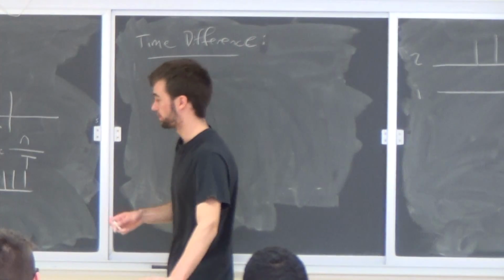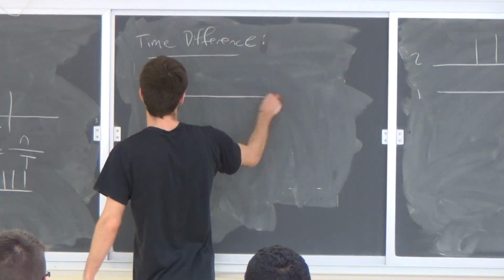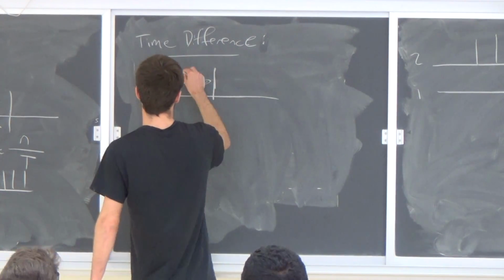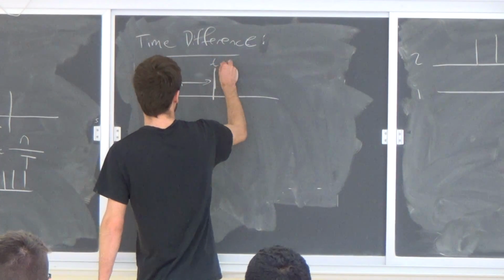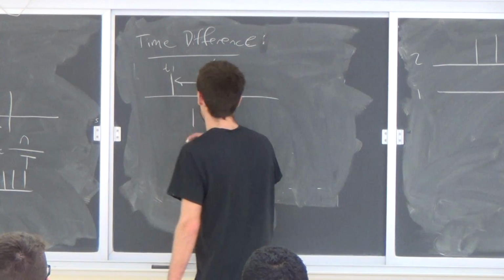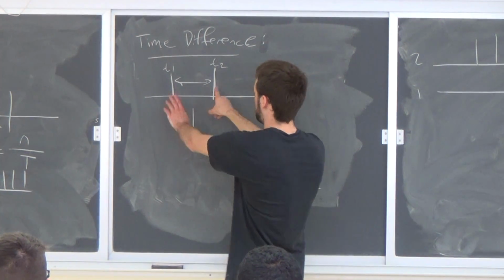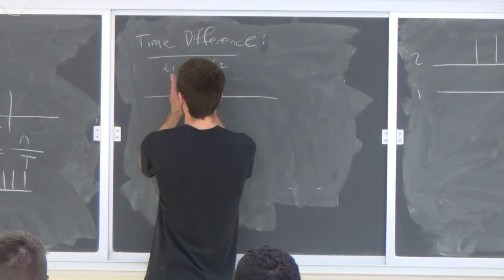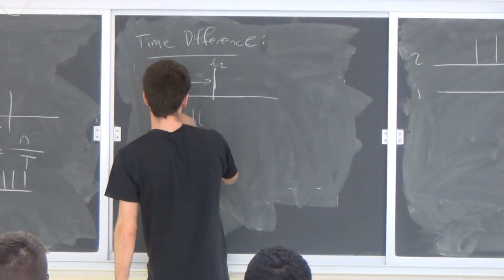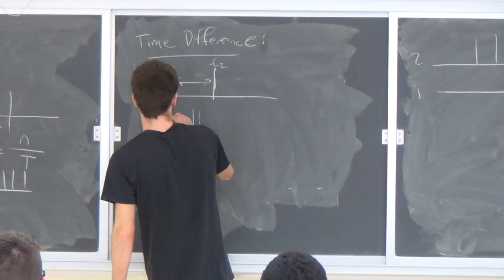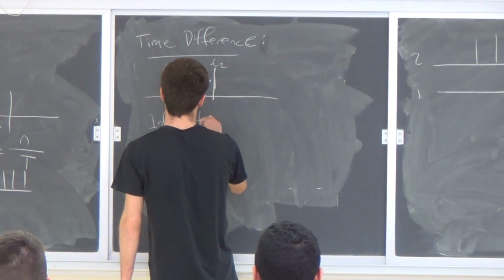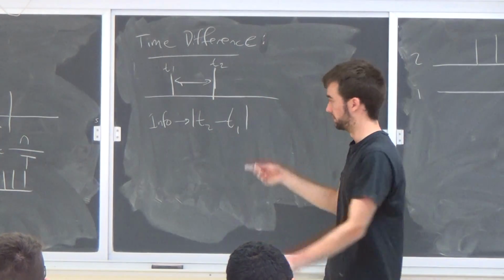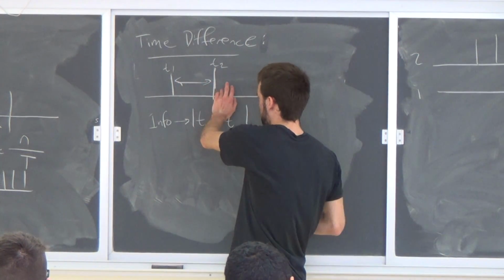Instead, you just need two spikes, and you compute the difference in time between them. If this was T1 and this was T2, then you encode information by varying the difference between the spikes. So the information stored is T2 minus T1, the difference in time between this one fire and this one.